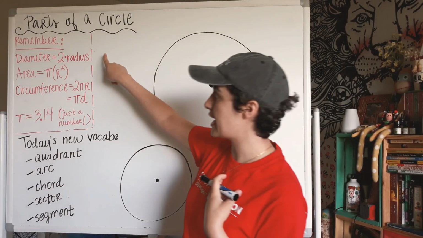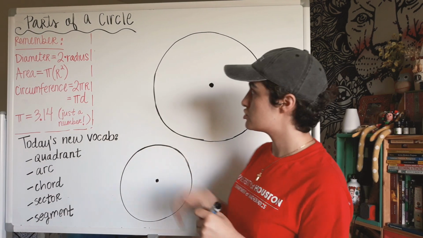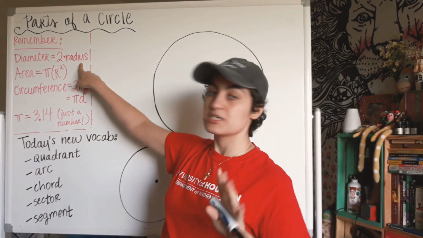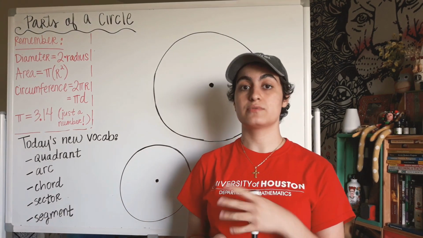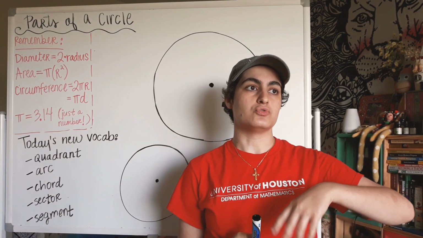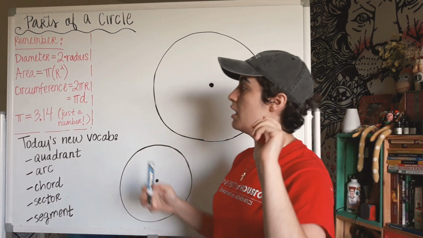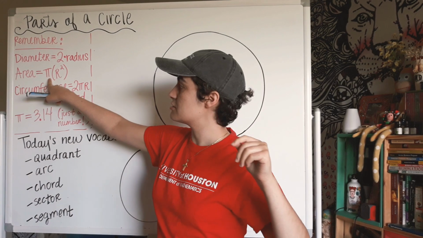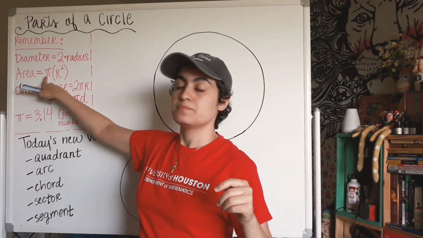So I'm going to recap everything in the red box first from the last video. One more time, the diameter is just 2 times the radius. If you want to find the radius, then you divide the diameter by 2. The area of any circle is r squared times pi.